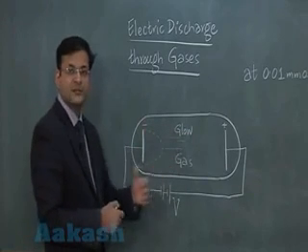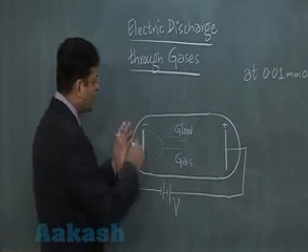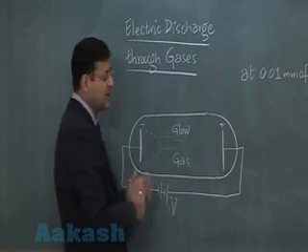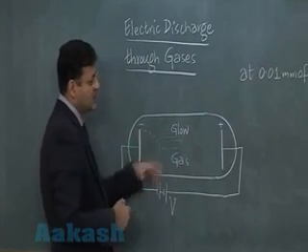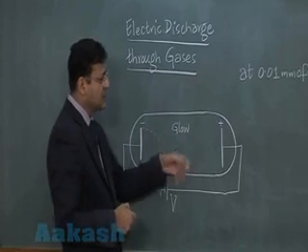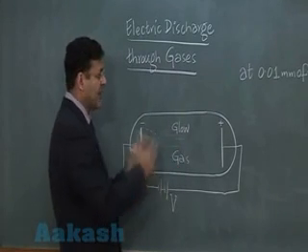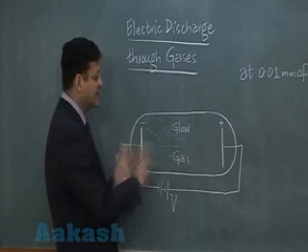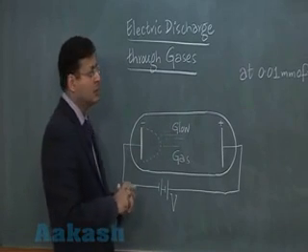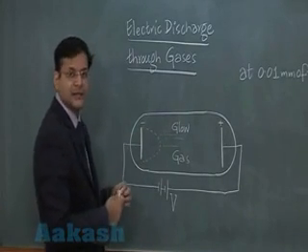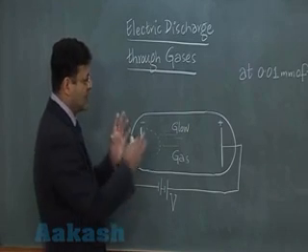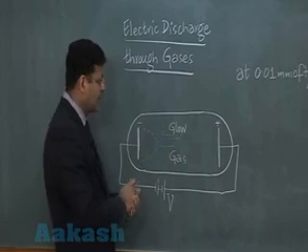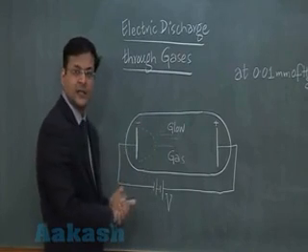If you keep reducing the pressure, then you will find that alternate bright and dark areas are appearing here. And once you are reducing the pressure more, then a time comes when again complete darkness is there in the tube. So now we have to explain that why once you have reduced the pressure, the glowing is appearing and alternate dark and bright patches.